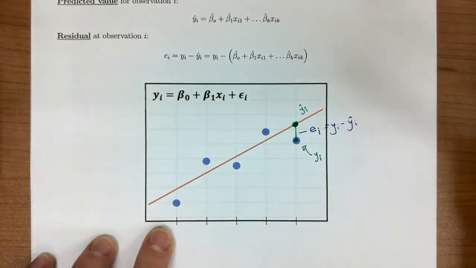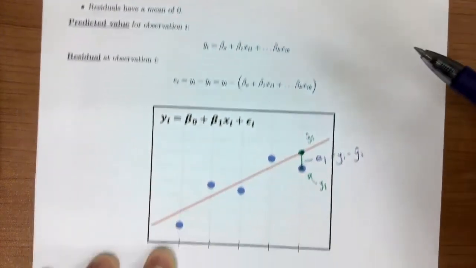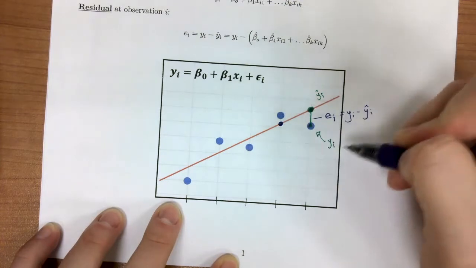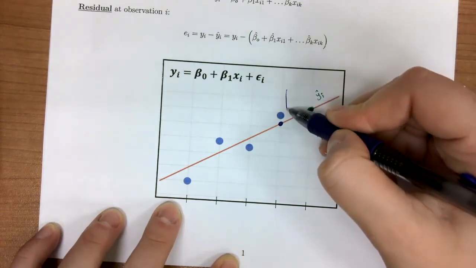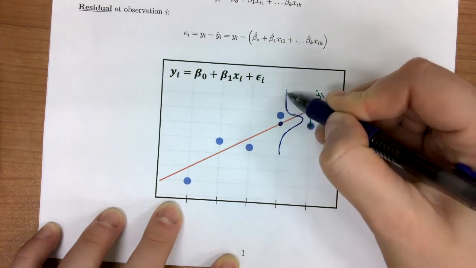And what we're saying by making this assumption up here is that our residuals are going to be centered around where we're predicted, and it's going to have a normal distribution around it.